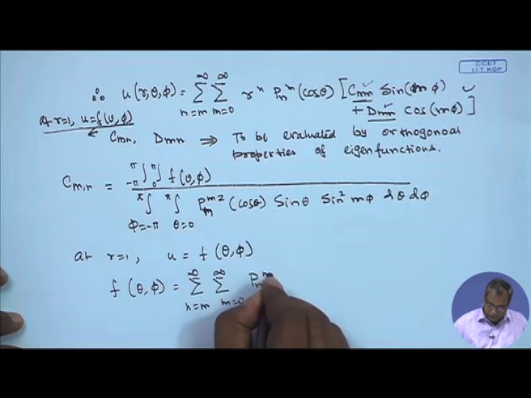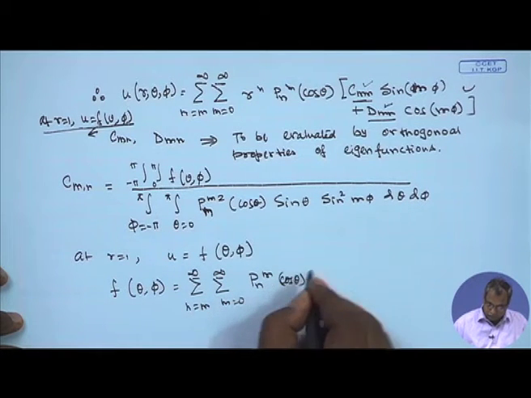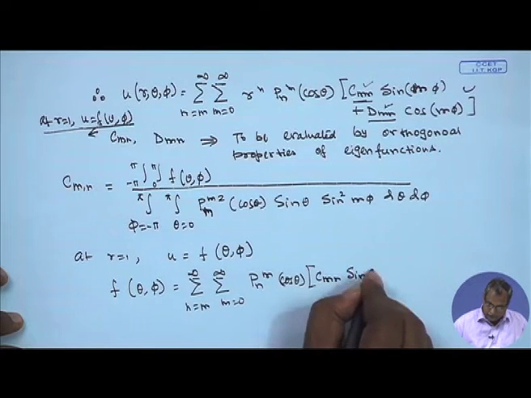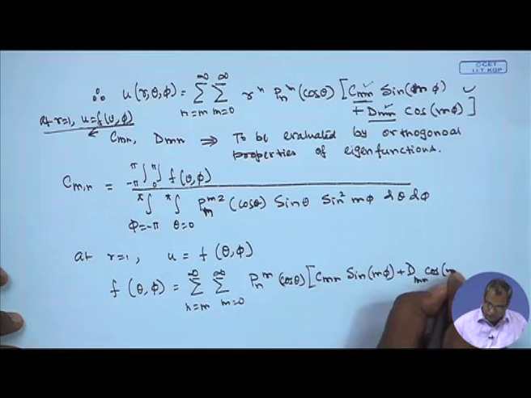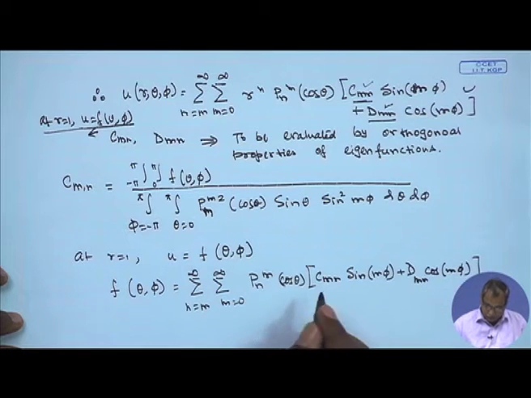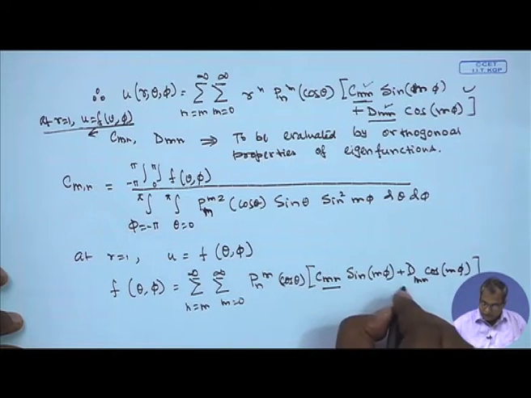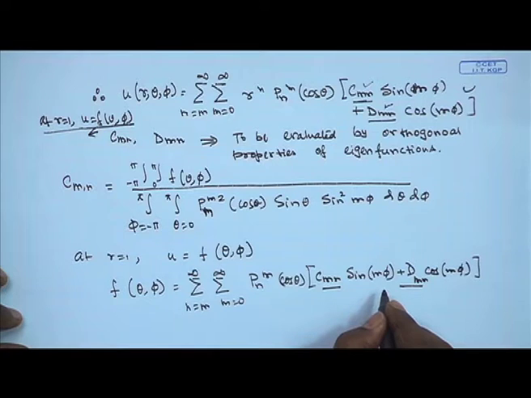So P_n^m of cosine theta multiplied by C_mn sin m phi plus D_mn cosine m phi. Now the constants C_mn and D_mn will be evaluated by exploiting the orthogonal property of the sine and cosine functions.